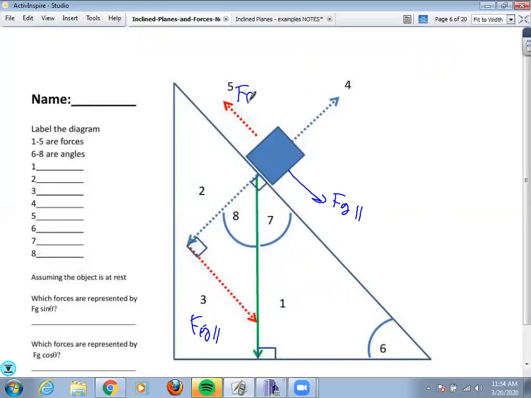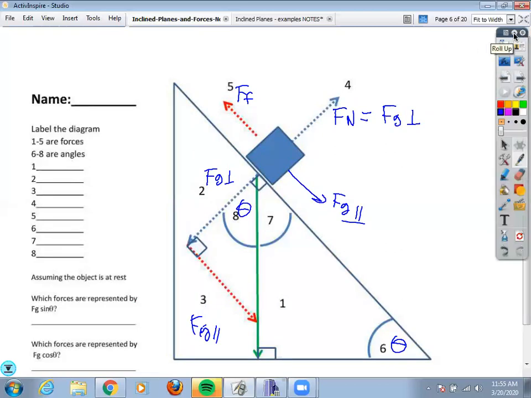Force of friction is going up, opposing FG parallel. This would be FN, which is equal to FG perpendicular, because this component number 2 would be FG perpendicular. This would be the angle of inclination, and that would be the angle of inclination. What I want to draw your attention to is this triangle right here.